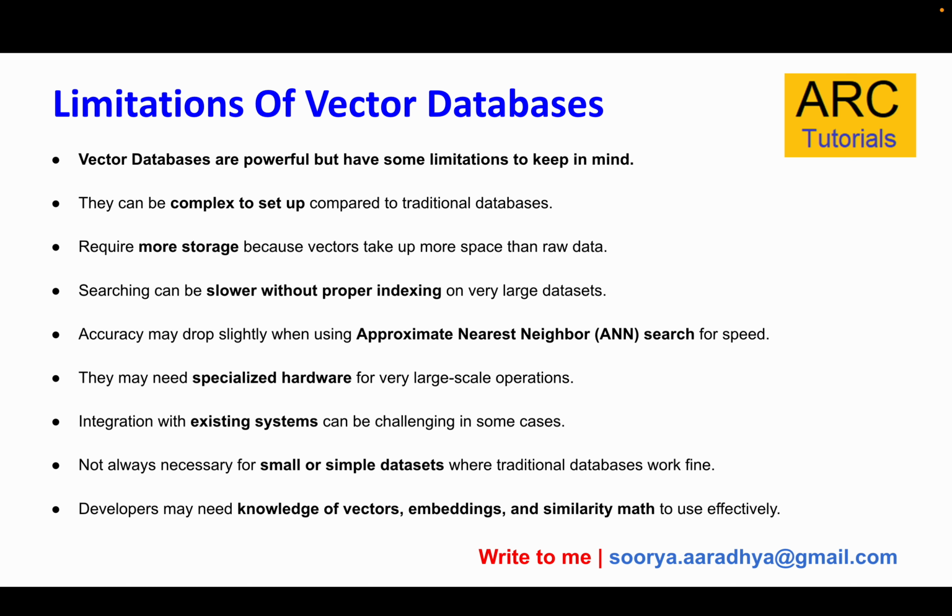They may need specialized hardware for very large scale computing operations. Integration with existing systems can be a little challenging. It may not always work best with small and simple data sets. Like I said, vector databases can be huge, but that being said, we can also run one on our MacBook or any of your laptops as well.